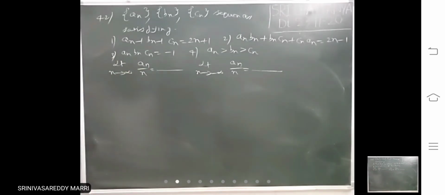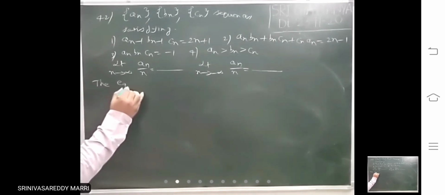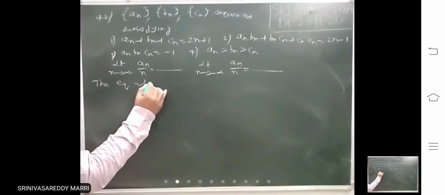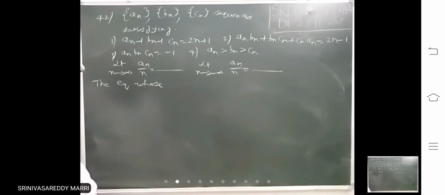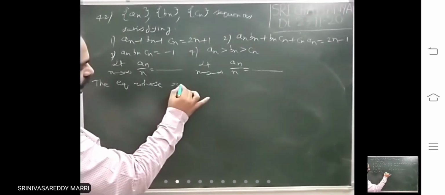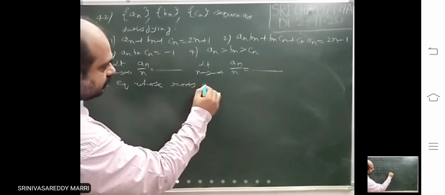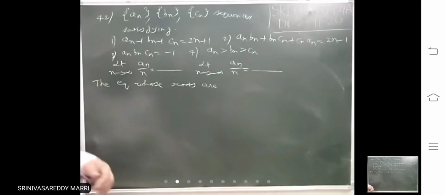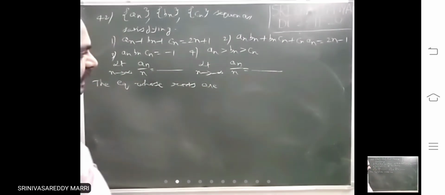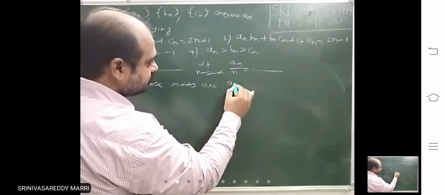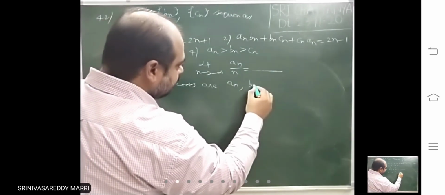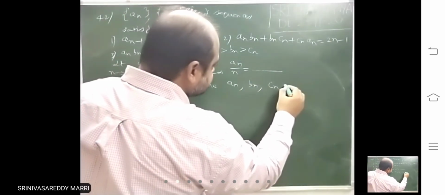Now a_n, b_n, c_n are satisfying these four conditions. Now I am writing the equation whose roots are a_n, b_n, c_n.